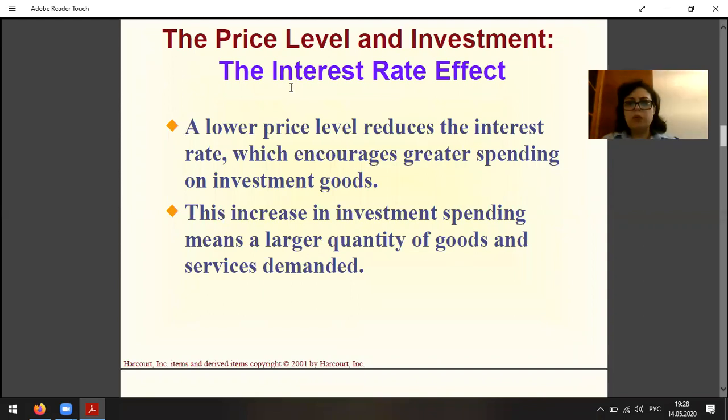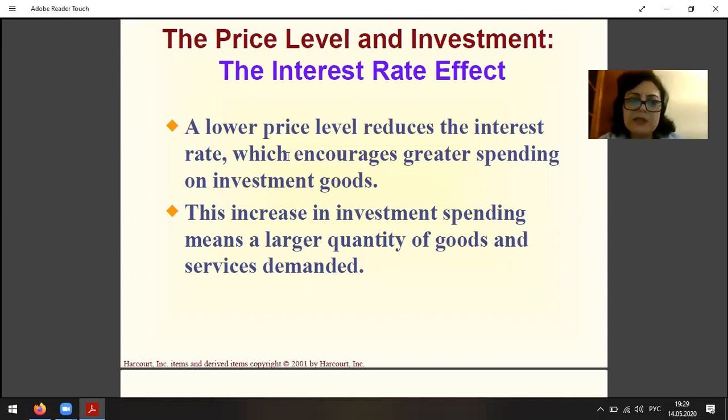What about the lower price levels? If we discuss the effect of a decline in price level and its interaction with the wealth effect, the other one is the interest rate effect. When we say interest rate, we imply the interest rates offered by banks for both credits and deposits. So when the price level declines, it leads to a step-by-step reduction of the interest rates.